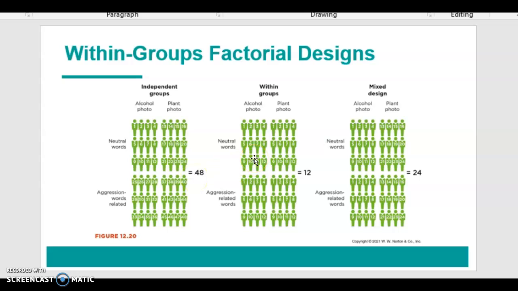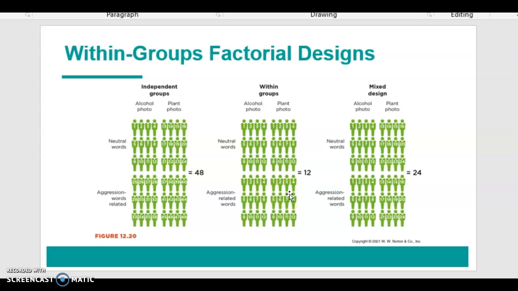The opposite of that is within groups, where the same people are tested in all conditions. So 12 people, neutral words, alcohol photo. Same 12 people, neutral words, plant photo. Same 12, aggressive words, alcohol, and same people, aggressive words, plant.